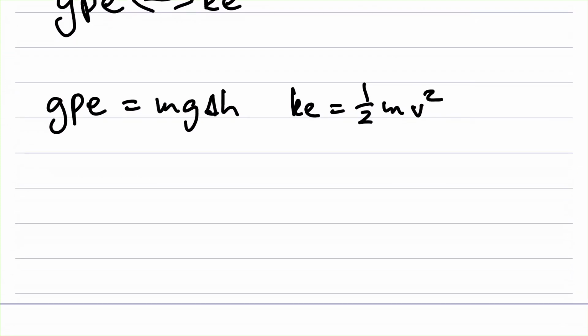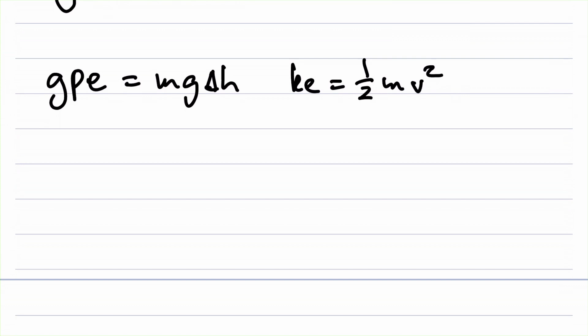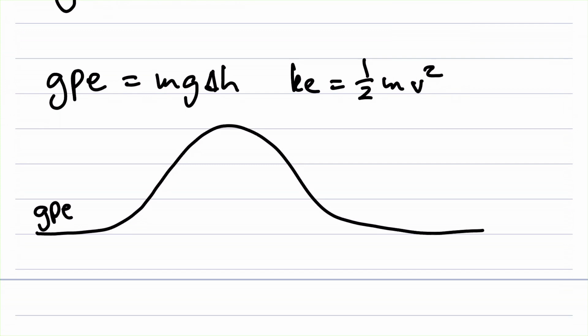All right. So now, for example, if I had a slope like this, first we have gravitational potential energy equal to 0, because we're on the floor, right? There's no height. But KE, or kinetic energy, is at its max, not max necessarily, but it's the only form of energy that we have as we're moving forward.